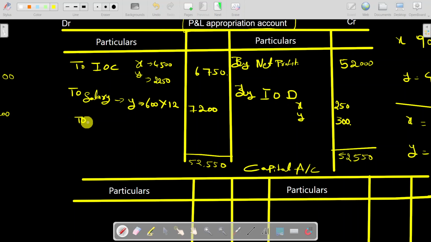We have to divide this balance to the remaining partners. So how much balance will we have? Total of credit 52,550 minus these two items, we will get 38,600.